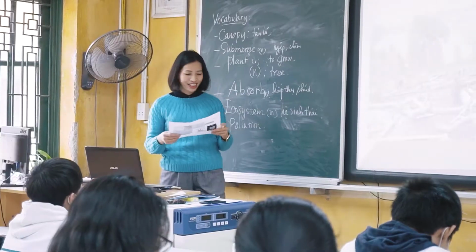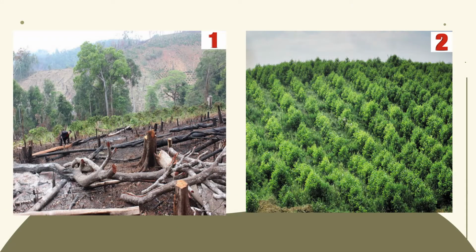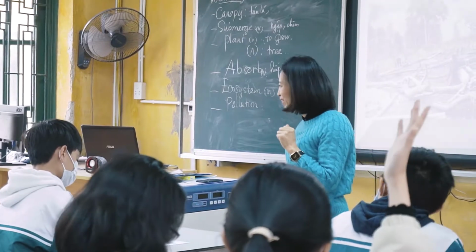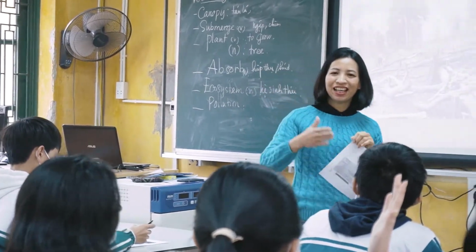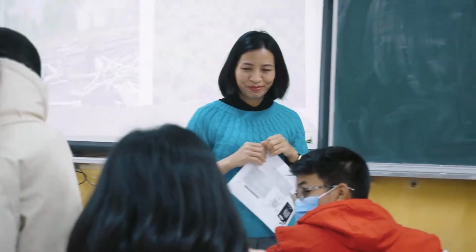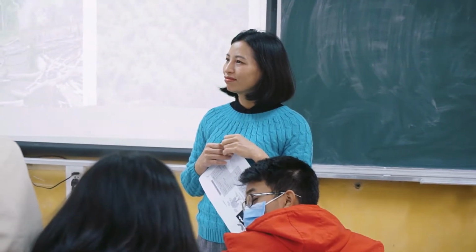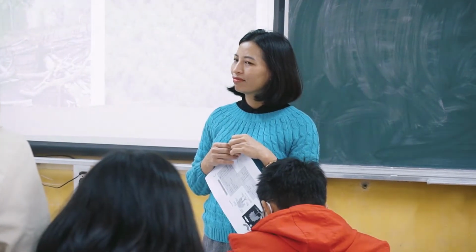Yes. Return to the text to answer the question. Why can plants prevent flood and erosion? Who can answer the question? Okay. Trees can prevent soil erosion because trees lower the speed of the rain and water does not flow so fast into the ground.